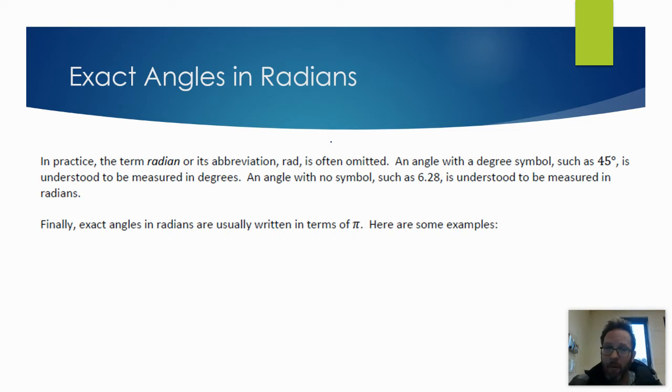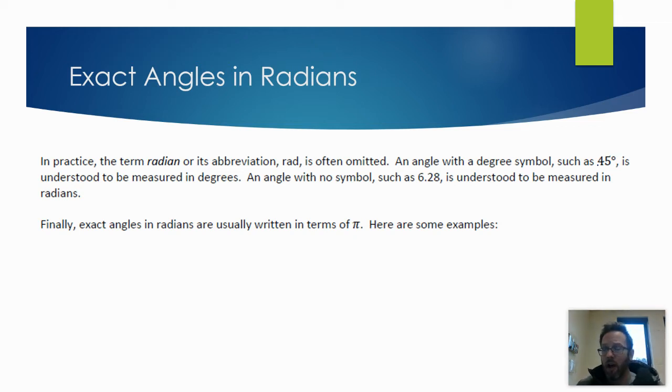When you see an angle with a degree symbol, we understand it's in degrees. When you see an angle with no symbol, the interpretation is that they're giving me the angle in radians. It's not 6.28 degrees. If it was degrees, it would say degrees. 6.28 is measured in radians.